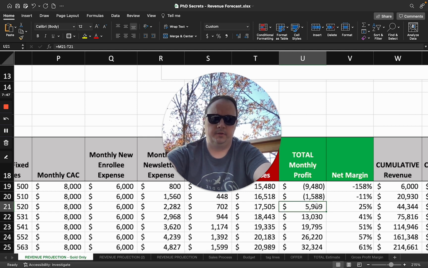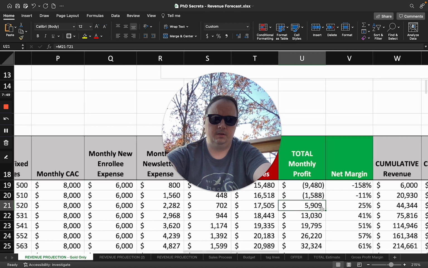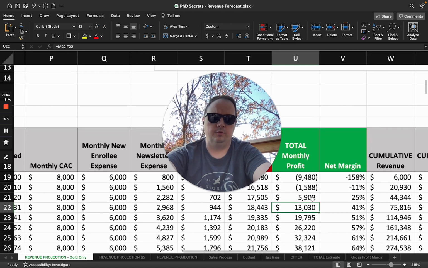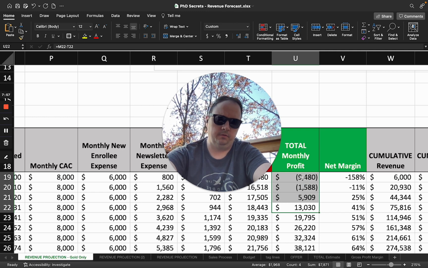And then month 3, you start to see some net positive. Month 4, I'm a little bit better than broken even. I'm net positive 7, almost 8,000 actually. And obviously from there it's all positive.